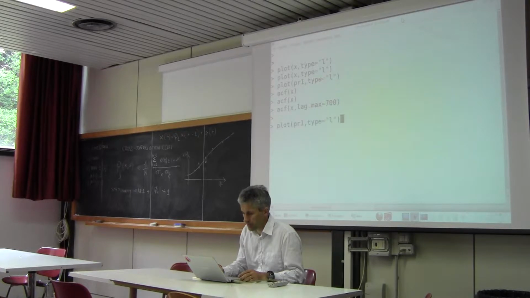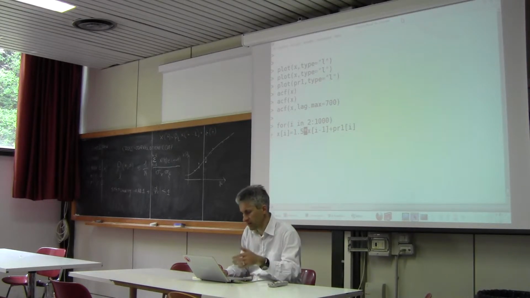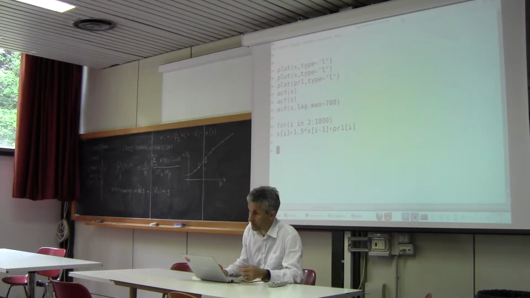Let me show you what happens if I generate x by using 1.5, so I exaggerate the effect, as autoregressive coefficient, which means that the model is not stationary.